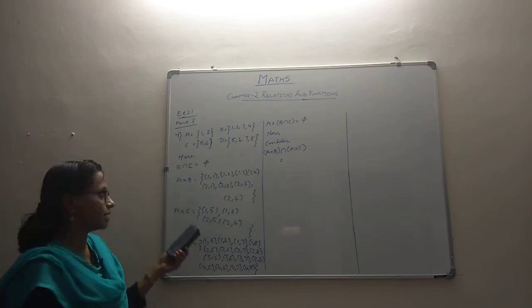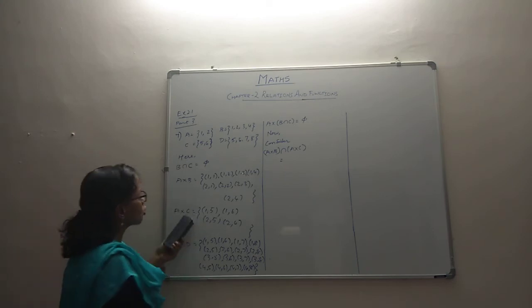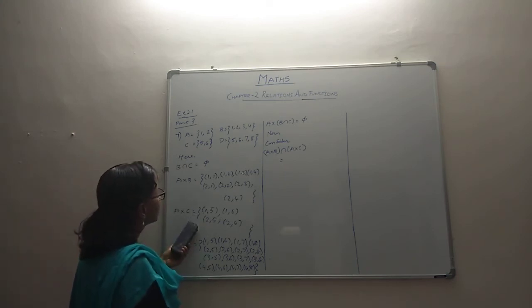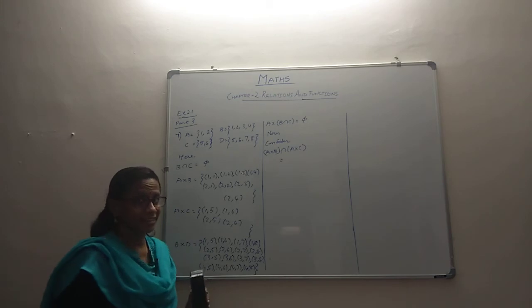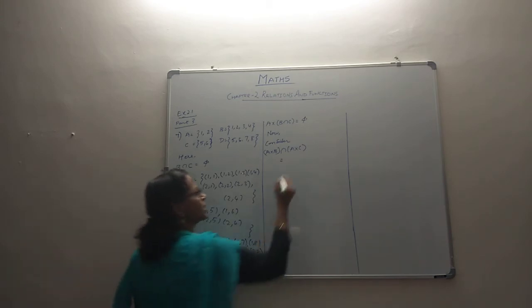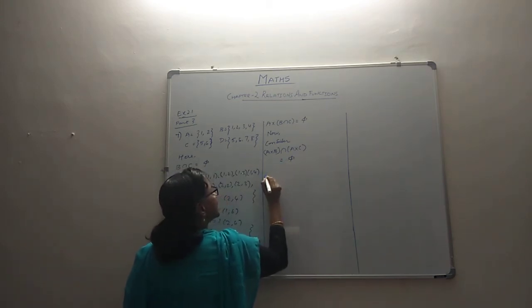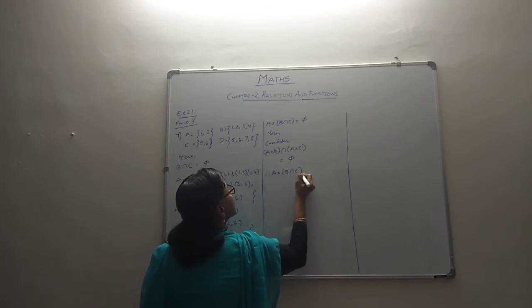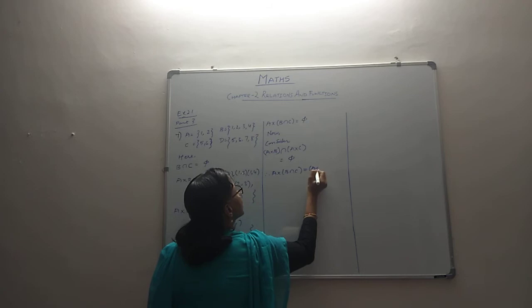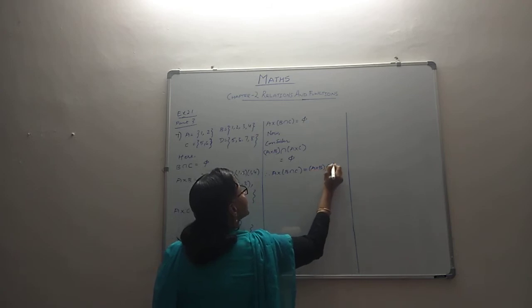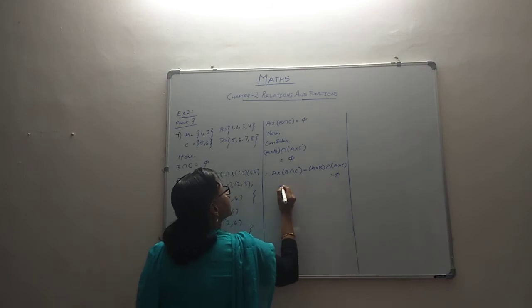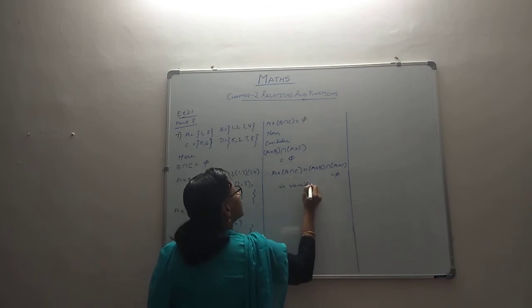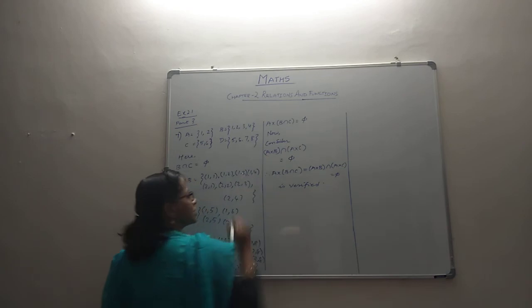Intersection means we take common elements. There is nothing, no common element, so automatically it becomes an empty set. Therefore, A cross (B intersection C) equals (A cross B) intersection (A cross C), and both are in turn the empty set. It is verified. That's our first subpart.